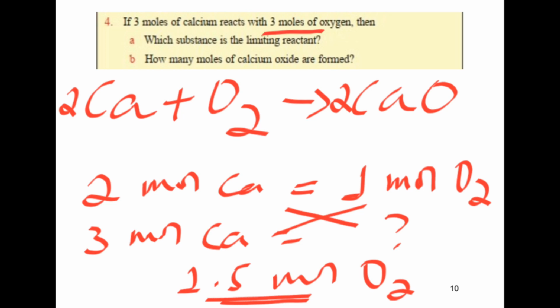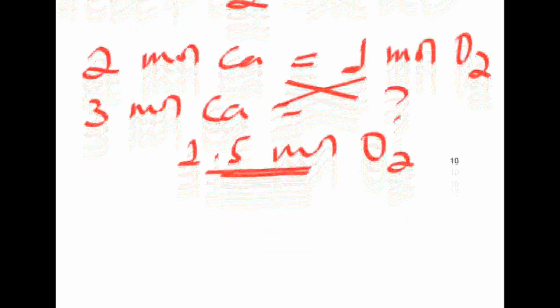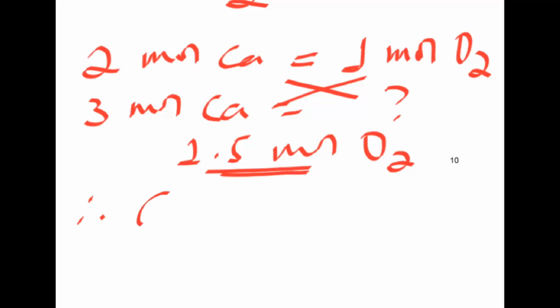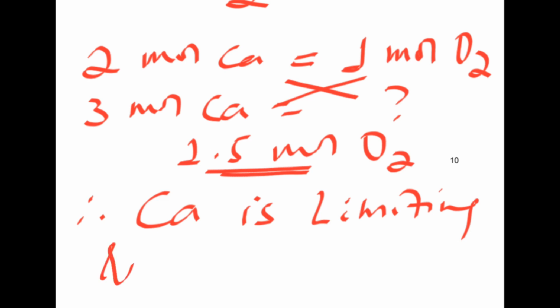We have 3 moles. ስለዚህ oxygen excess ነው ማለት ነው። Therefore calcium is the limiting reactant ማለት ነው.